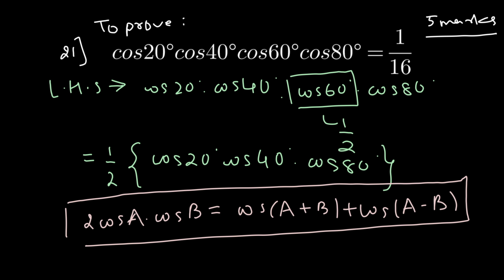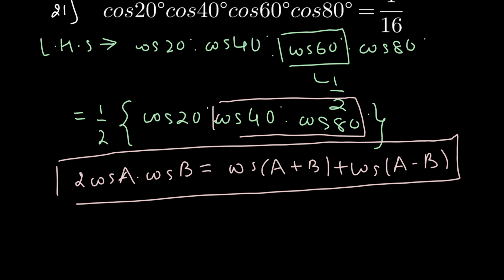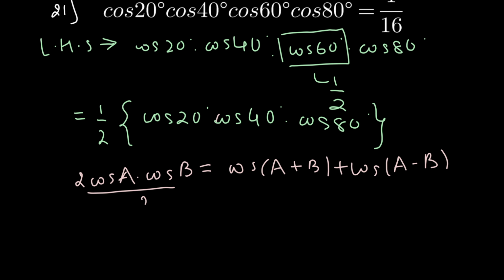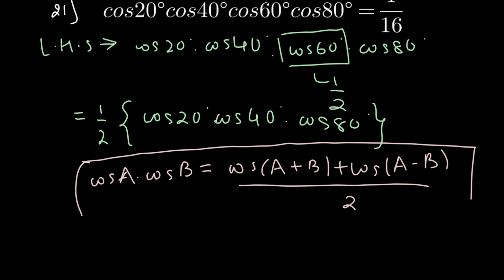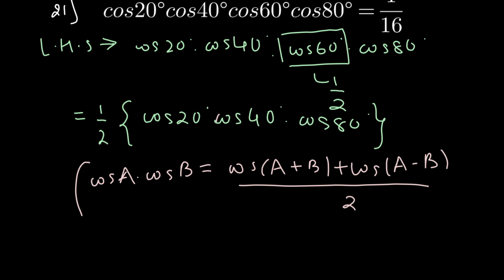Out of this, first of all I will take cos 40 into cos 80. Now there is one thing to be noted. The identity says 2 times the product cos A cos B equals this thing. But what if only cos A and cos B is present? Simply we need to divide this identity by 2 on both sides. So we get cos A into cos B equals cos of A plus B plus cos of A minus B divided by 2.